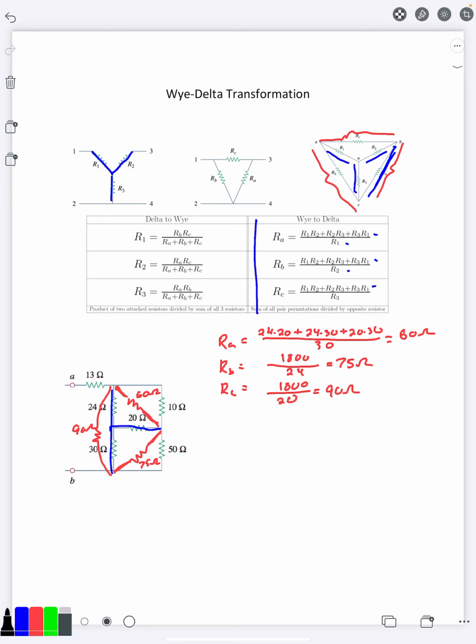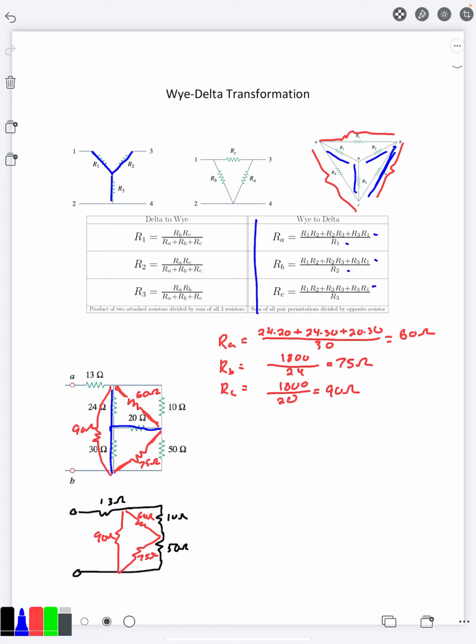And so if I were to redraw my circuit now, I have this 13 ohm here. I'm going to have this 10 ohm and this 50 ohm. And then I have the 3 red ones. So one red one goes like this, and it's 60. One red one goes like this, and it's 75. And the last red one goes like this, and it's 90.